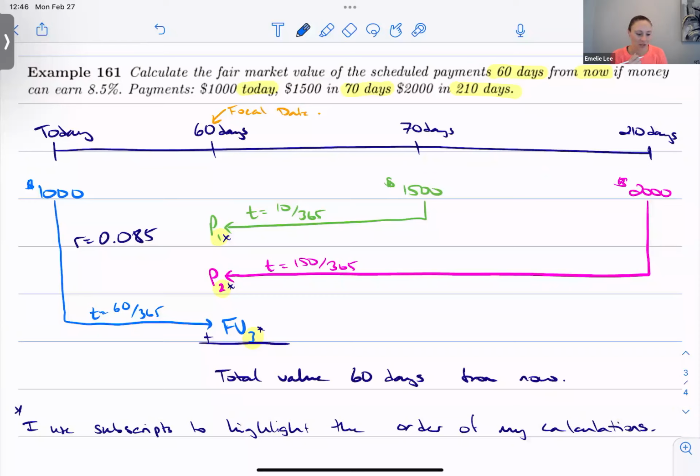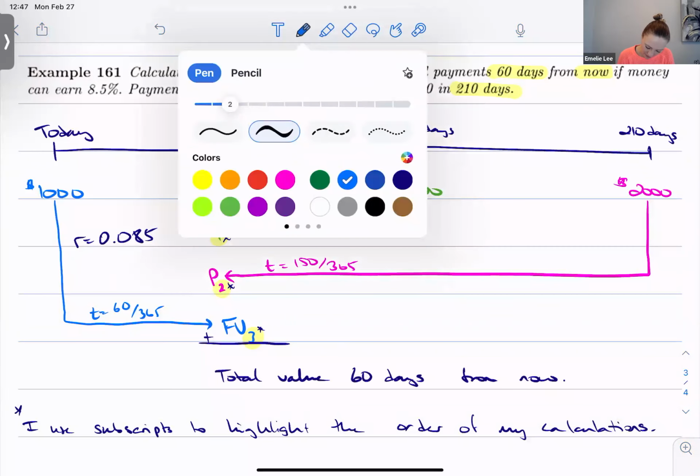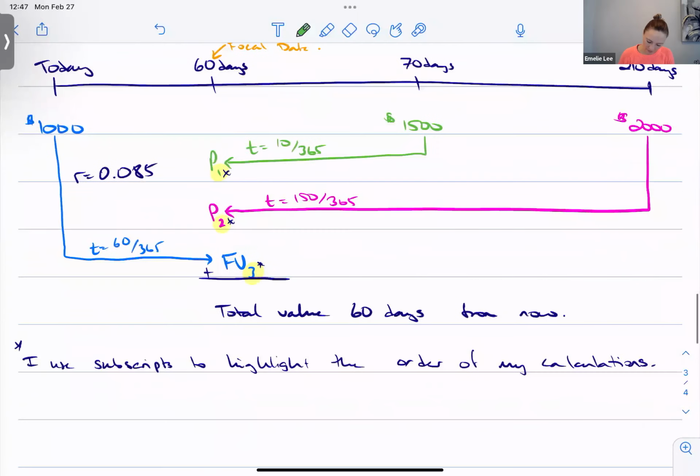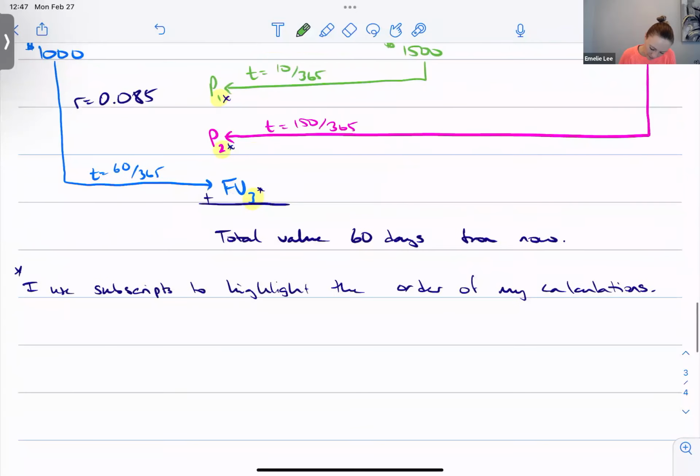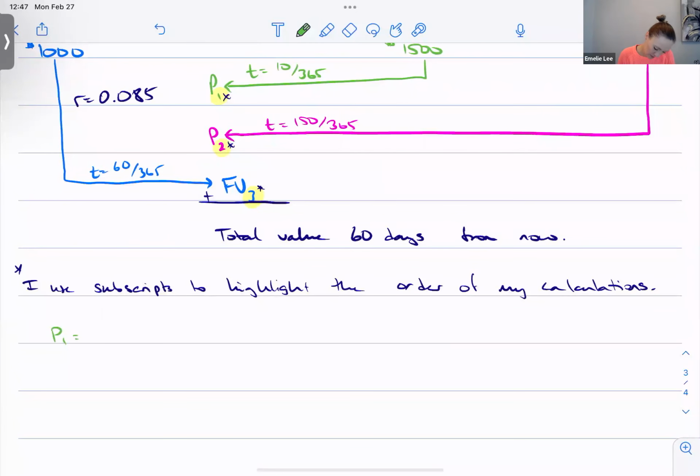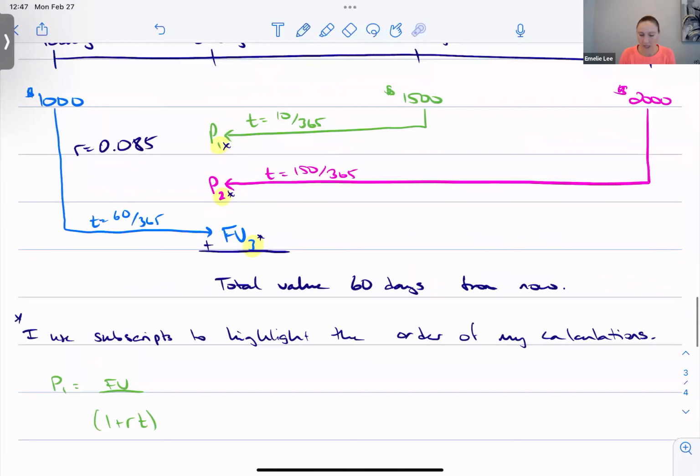Let's get to work. For the total value 60 days from now, I'm going to solve them side by side, just so I can keep them on the same screen. P1 is the future value over 1 plus R times T. The future value in this case is 1,500, R is 0.085 and T is 10 over 365.